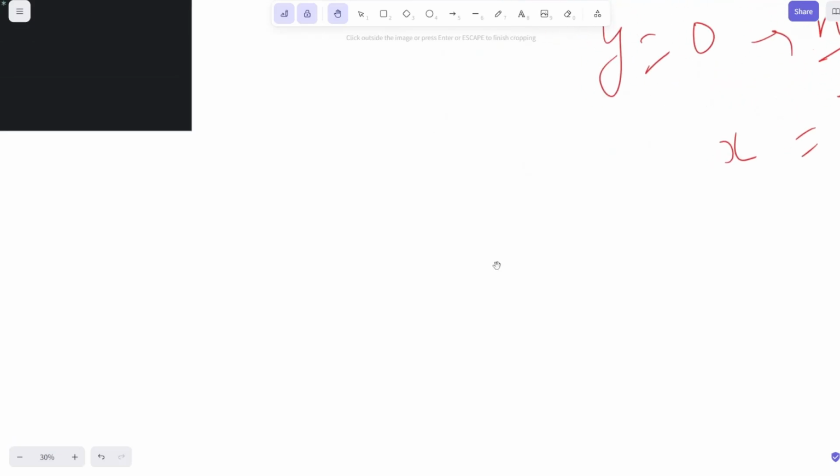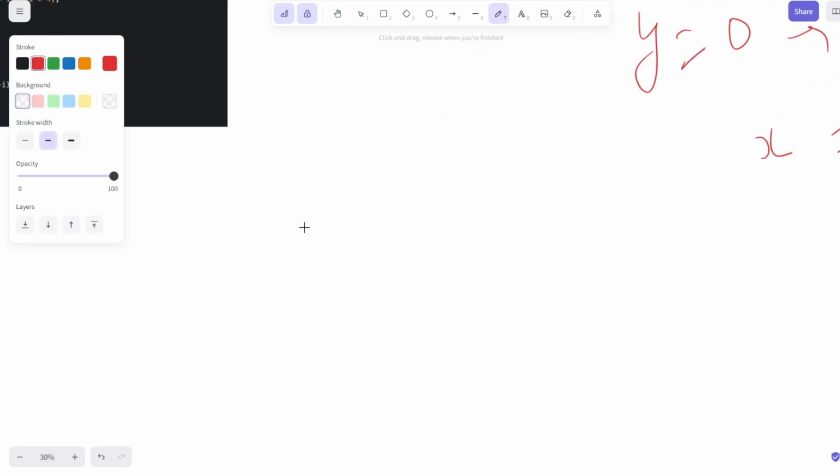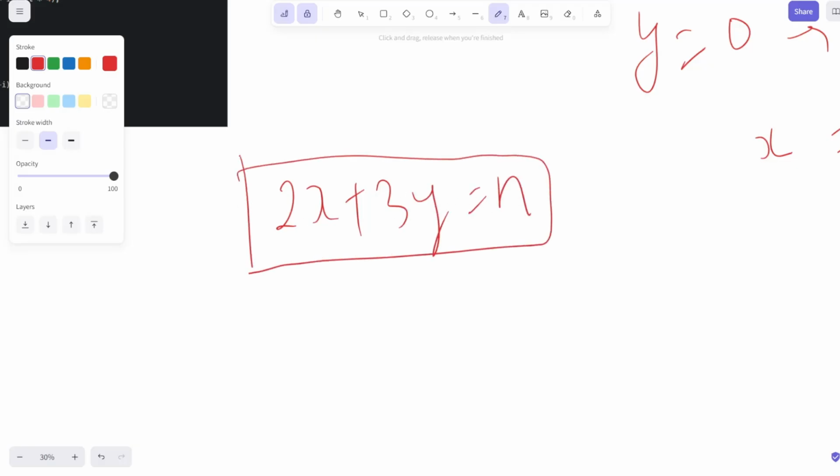Okay, let me summarize the solution once again. We have the equation 2x plus 3y equals n, and we are required to find all values of x and y such that this equation is satisfied.